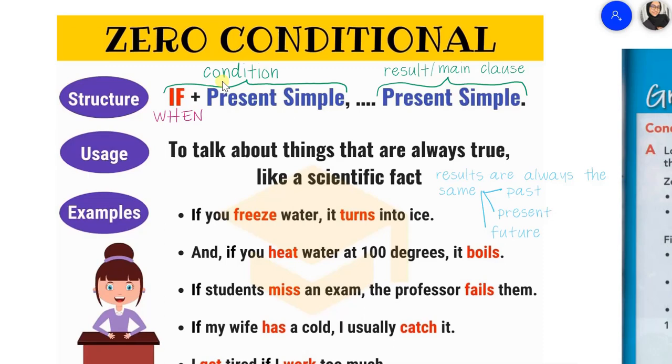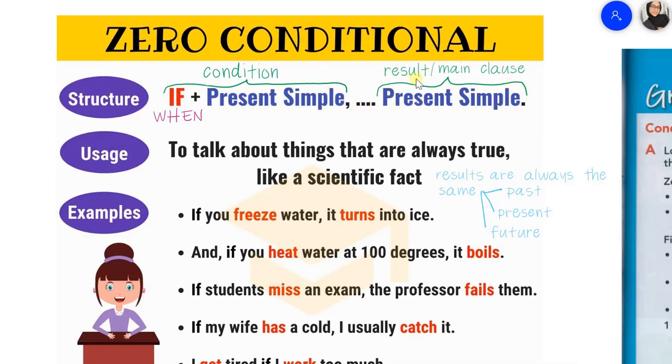In Malay, we can call it syarat or situasi. After the comma, the sentence will be followed by the result or what we can call the main clause. The result or the main clause must be in the simple present form. So this is the structure. First, we have the condition, comma, and then we have the result.